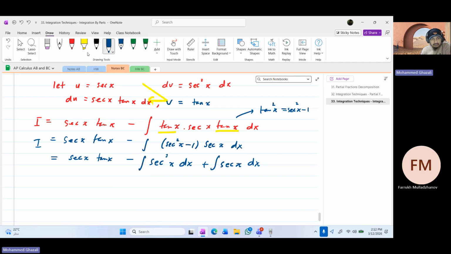That's I. So that I will go across. It becomes 2I. Now you still have a problem with the integral of sec x. What is the integral of sec x dx? There's a trick to this, right?